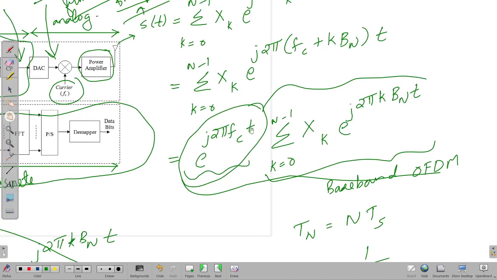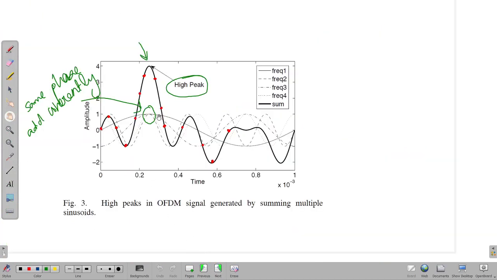Let me come back to the PAPR part. It is basically the addition of subcarriers. Sometimes certain subcarriers come at the same phase at a particular time, and they result in high peaks.